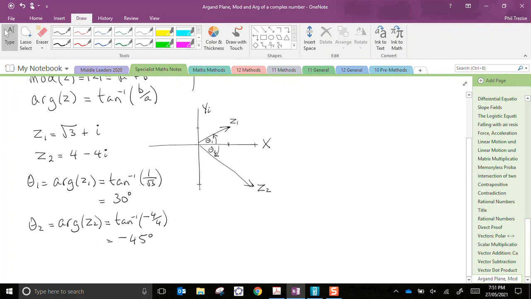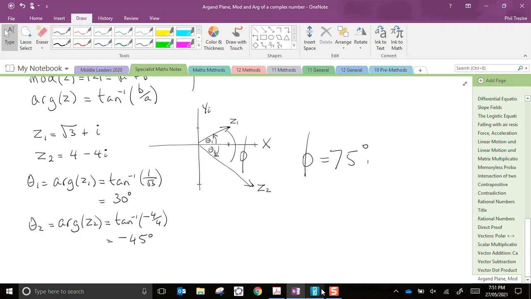So what does that mean for the angle between our two complex numbers? Well, I think it's pretty obvious that we will need to go 30 and then we have to add 45, even though it's downwards, just the other way. So the angle between them, which I'll just label as a different angle, phi, would be 75 degrees. That's just a little example of how we might use the arguments in this case.